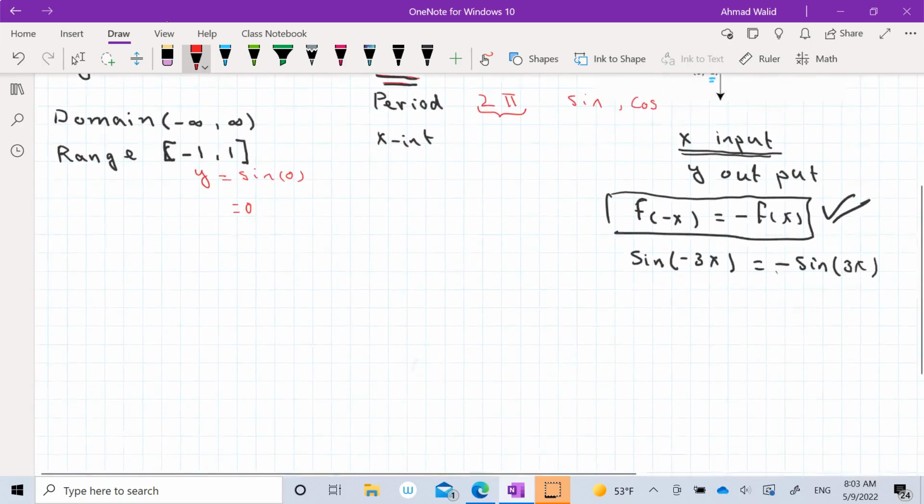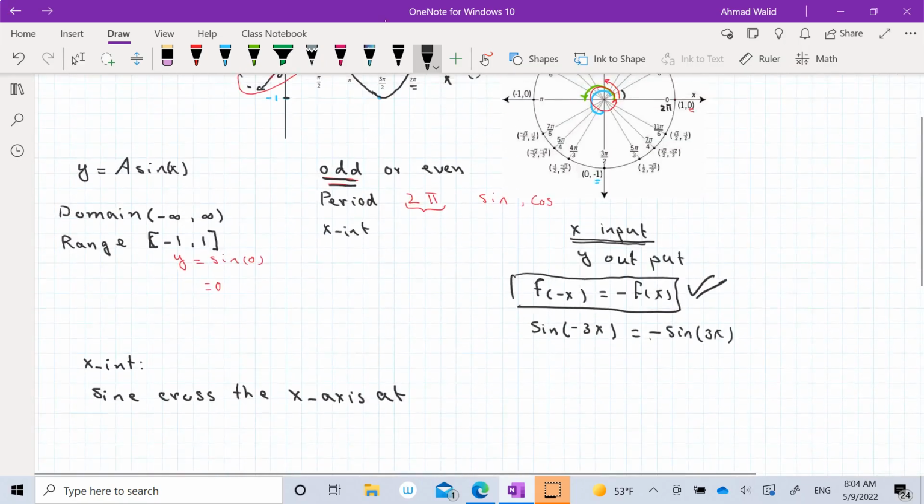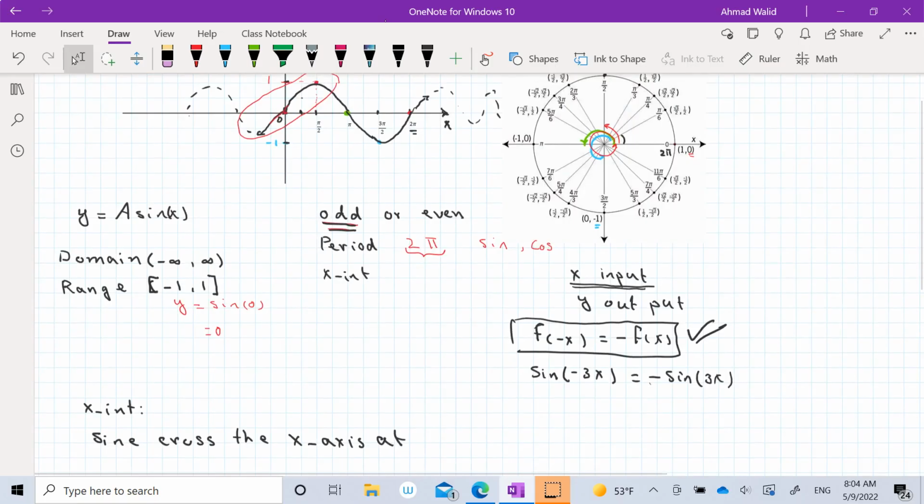Now, x-intercept. I will put some notes for x-intercept, okay? Please write these notes. These notes actually help you graph. Sine crosses the x-axis at, let's see where it crosses. Look at the graph.